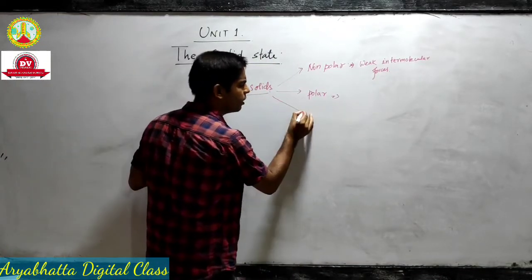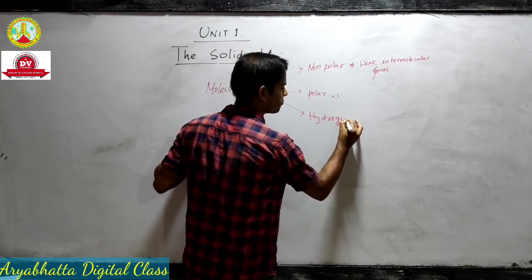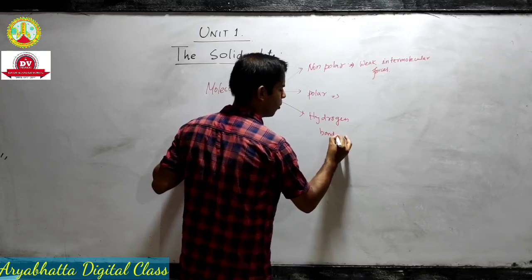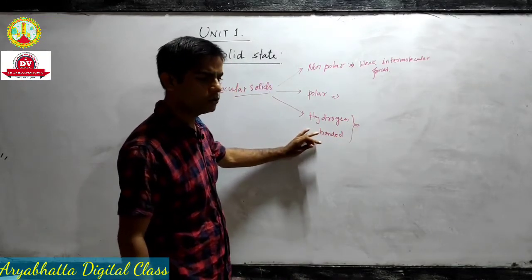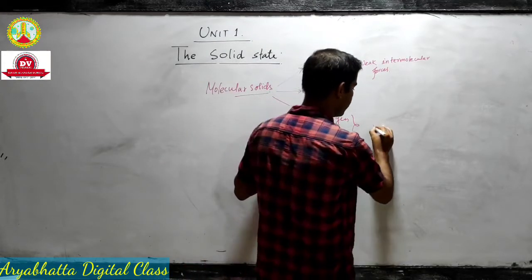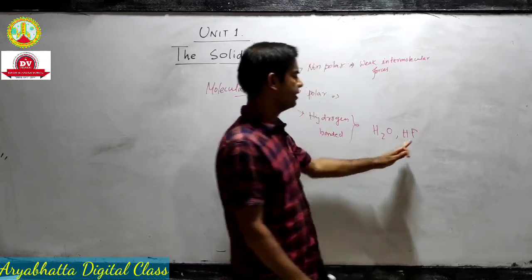Now the last one is hydrogen bonded solids. Hydrogen bonded solids are those solids which contain hydrogen bonds, like water and hydrogen fluoride, HF.